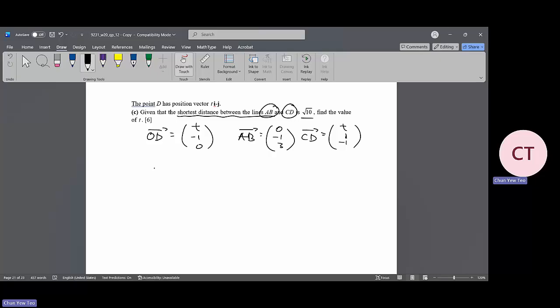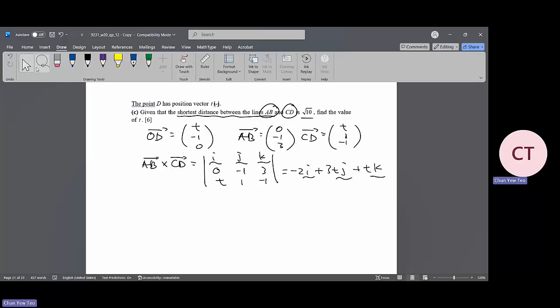Now I need to do the cross product between AB and CD. So I have 0, -1, 3 and d, 1, -1. I have -2i plus 3dj plus dk. Okay, so this is what I'm having now.